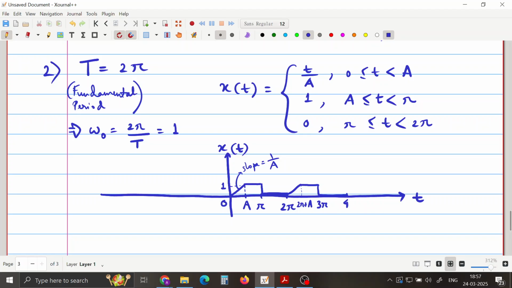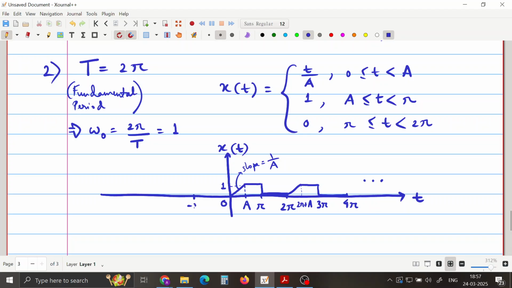So this point is 4 pi, and so on, it will just repeat. I'm just drawing one repeated pattern on either side of the time axis. Similarly on the negative side also we will have this pattern.